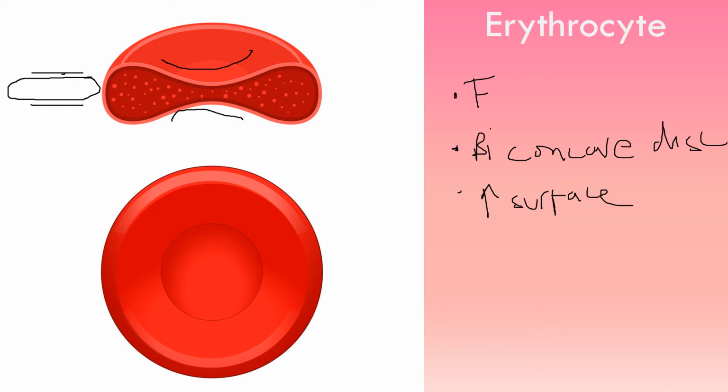I see a lot of students saying that it can carry more oxygen. It's kind of ambiguous, because actually if it was a big solid shape, or a big blob, it would be able to carry more oxygen inside it. It's not about carrying more oxygen per hemoglobin. It actually increases the exchange rate.